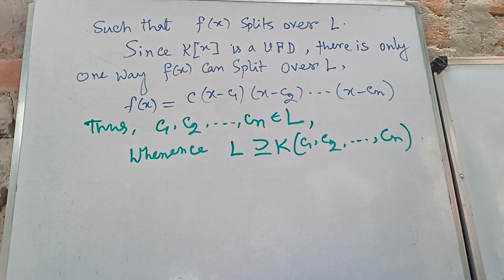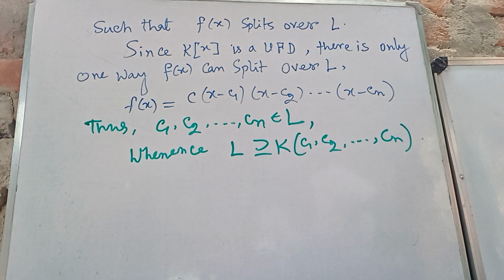Now c1, c2, ..., cn belong to L, and this L is a subset of and a superset of K(c1, c2, ..., cn). Hence this K(c1, c2, ..., cn) is the smallest intermediate field over which f(x) splits.